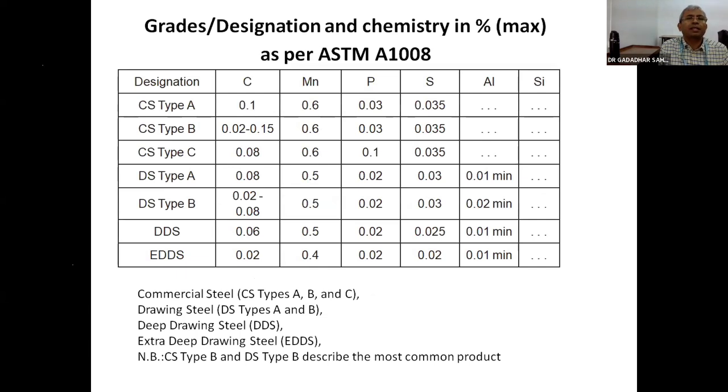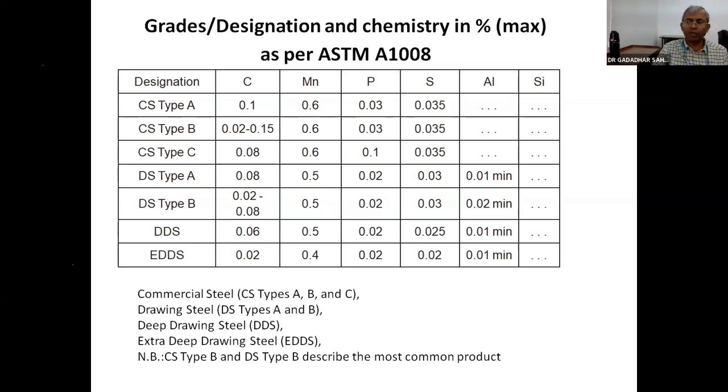Okay, next coming to grade designation and chemistry. As per ASTM A1008, there are different types of CS: type A, type B, type C, and DS. At the bottom it is written commercial steel, CS for commercial steel, types A, B, C are covered. DS is deep drawing steel, DS type A and B, then DDS, deep drawing steel, and EDDS, extra deep drawing steel. Last is EDDS, CR5, DDS CR4, then DS type B CR3, then CR2, like this.